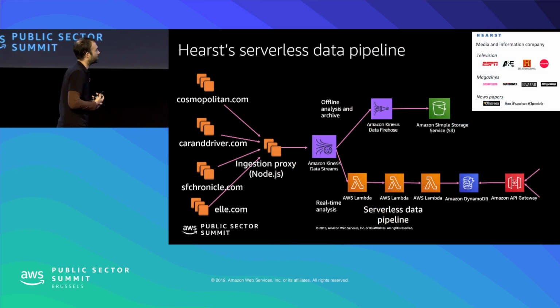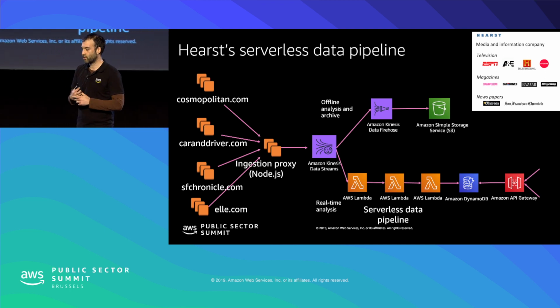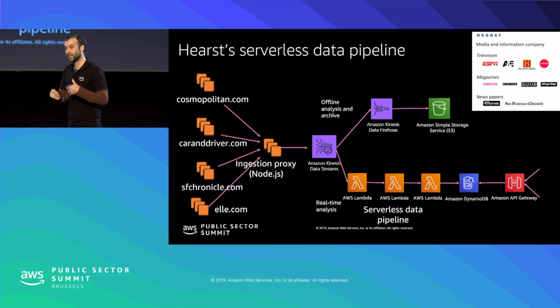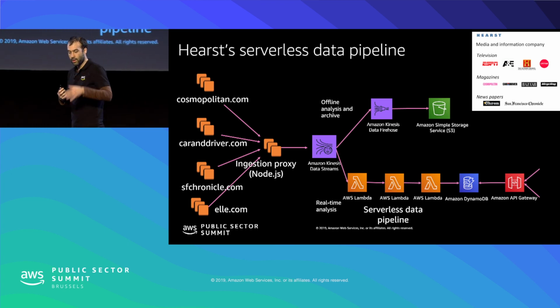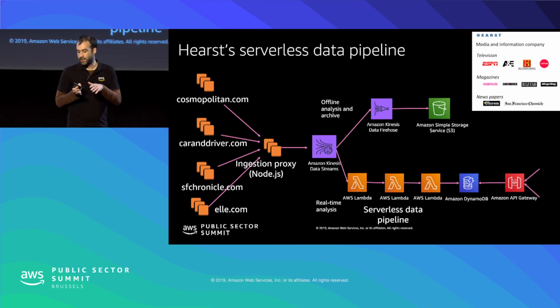I'd also like to introduce a customer use case, which is Hearst, a media and information company. Among other things, they are managing websites for magazines. And they're using Kinesis Data Streams. I would like to highlight here that you can have multiple consumers from the same stream.